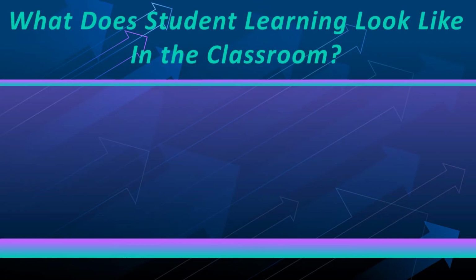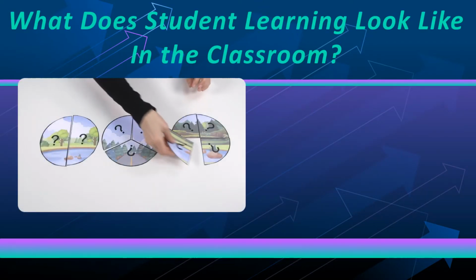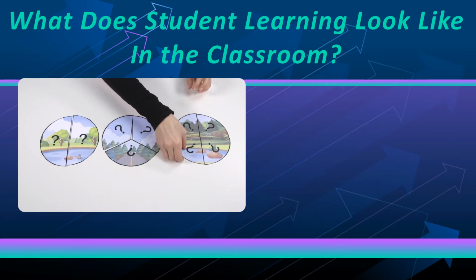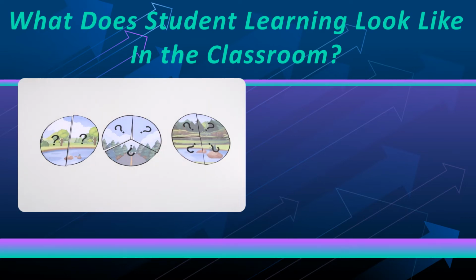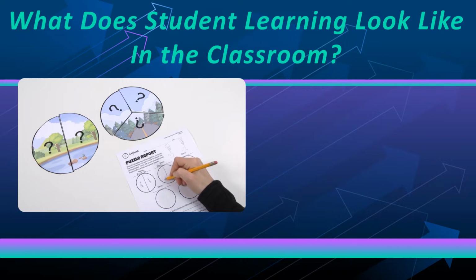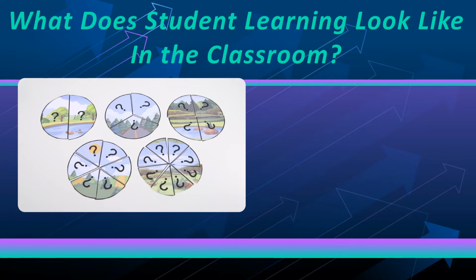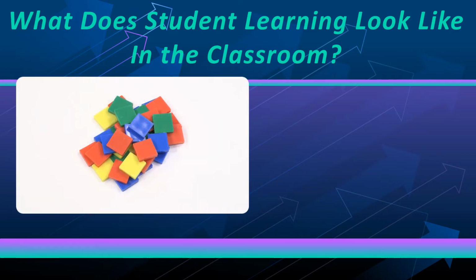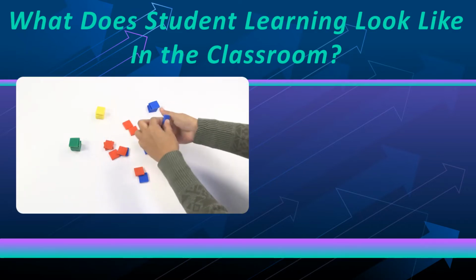What does student learning look like in the classroom? In this unit, there are 3 explores. The first explore will be focused on making sense of fractions. Students will use puzzles to find equal sized pieces and then name those unit fractions of each whole, as you see them doing in their journal. Also, in the first explore, students will understand fractions as a set.